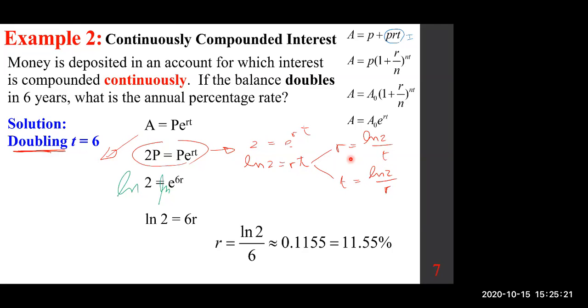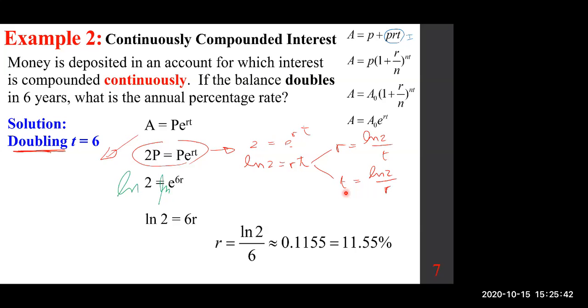So take a look at this top formula. ln2 divided by what? Time. What was the time? 6. So what we did here, we proved it in general. So it makes it easier to use the general form. I hope everybody's clear on that.